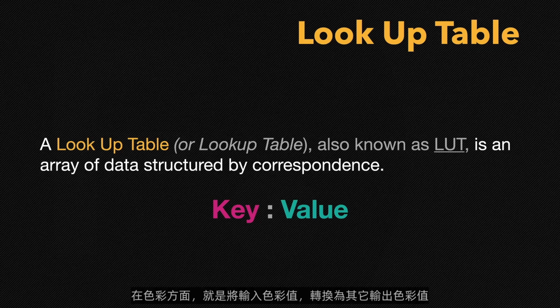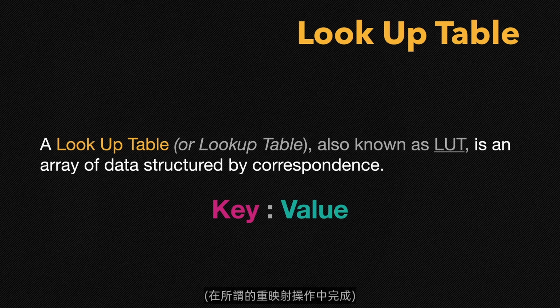In terms of color, it transforms your input color values into other output color values in what is called a remapping operation. LUTs could be pre-calculated in an array resulting from a function, or just arbitrary values stored in the array. So the computer just reads and reassigns the values for every pixel in the image.